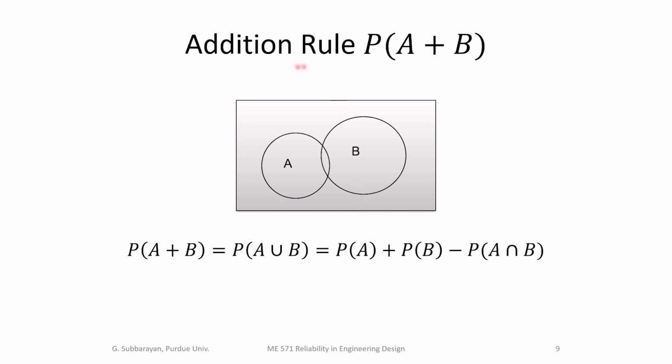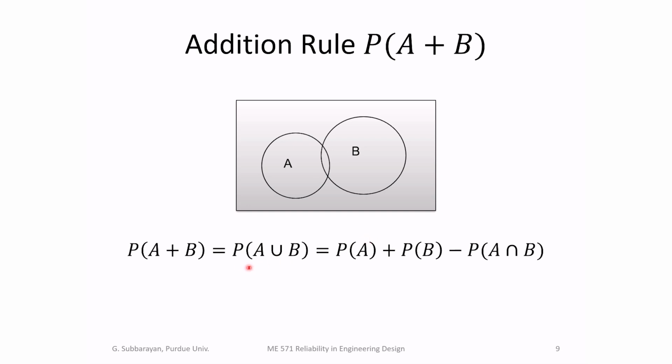So similarly, the addition rule: probability of A or B, or A union B. In order to reason through these expressions, we will use the Venn diagram. Venn diagrams are very convenient to reason through these addition expressions.